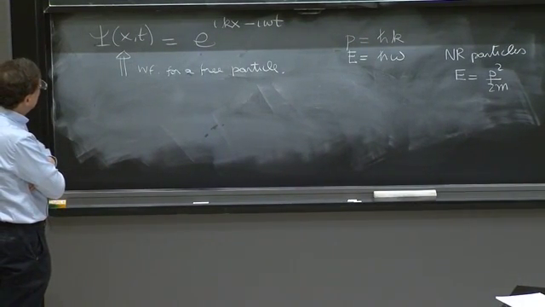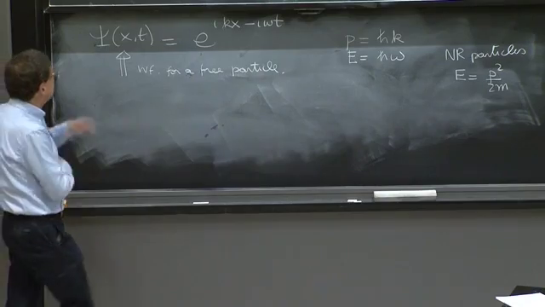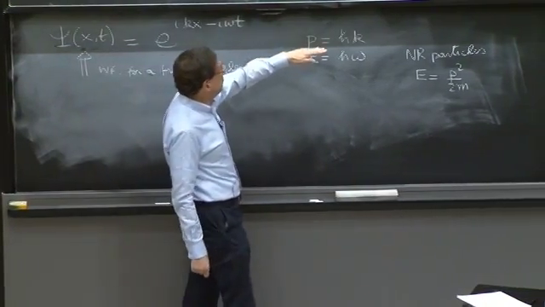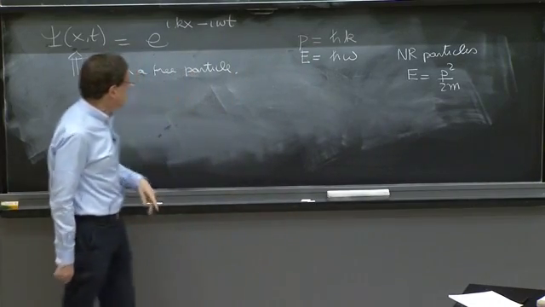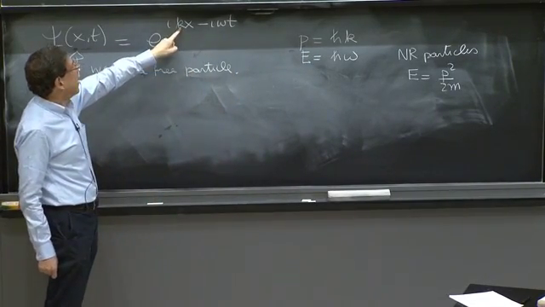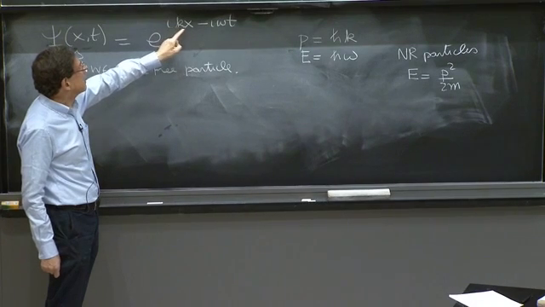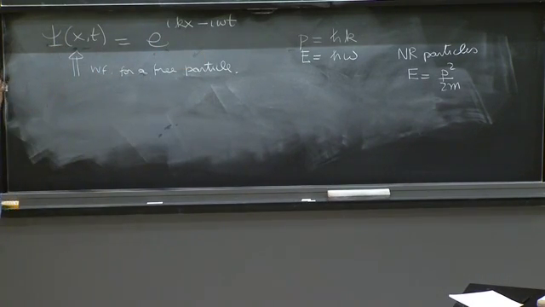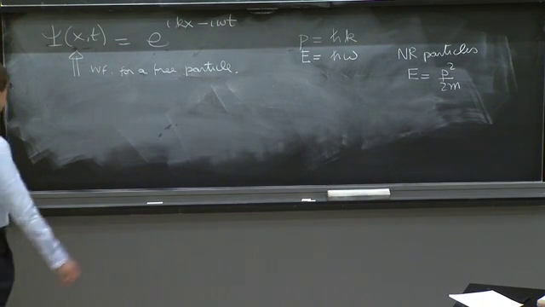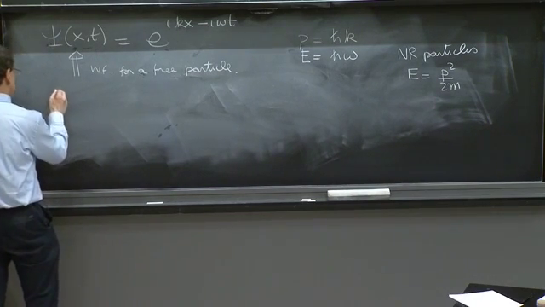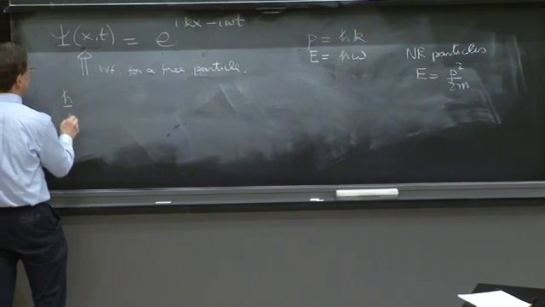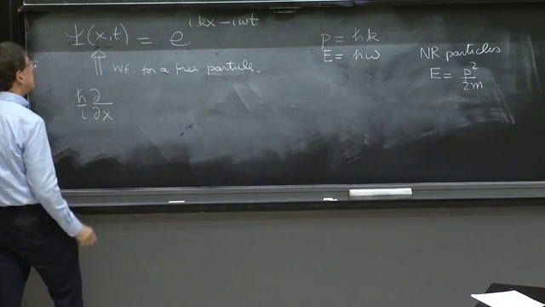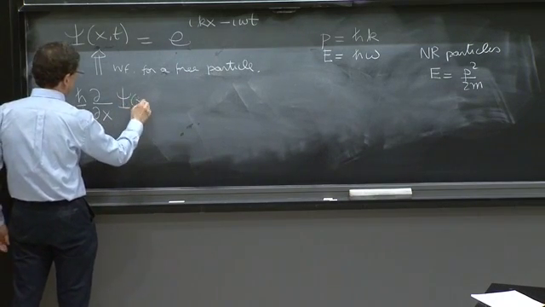But one thing we could say is that you have this wave function here, and you wish to know, for example, what is the momentum. Well, you should look at k, the number that multiplies the x here, and multiply it by h bar, and that would give you the momentum. But another way of doing it would be to do the following: h bar over i d dx of psi of x and t.